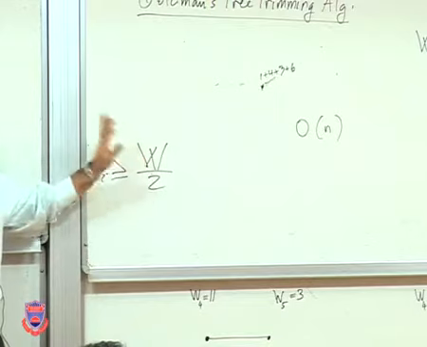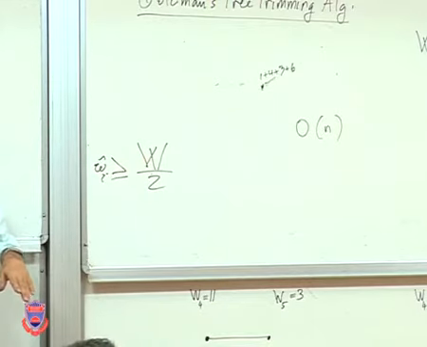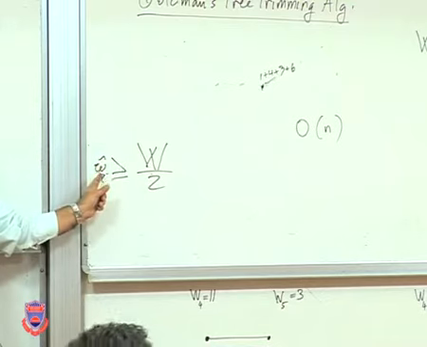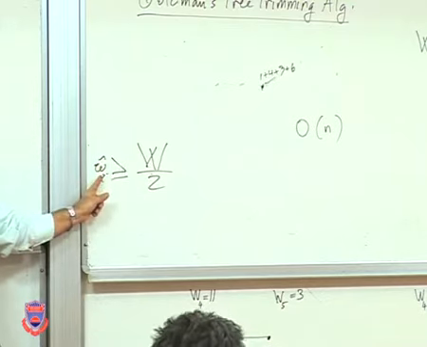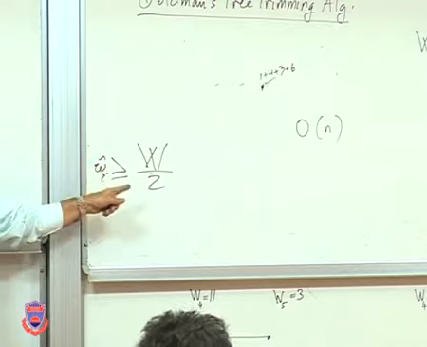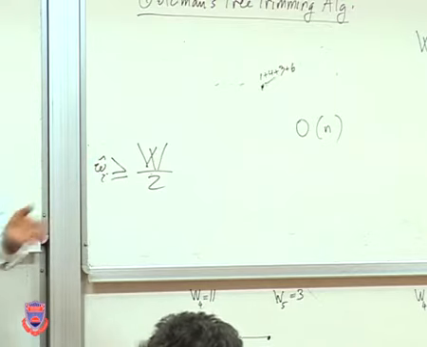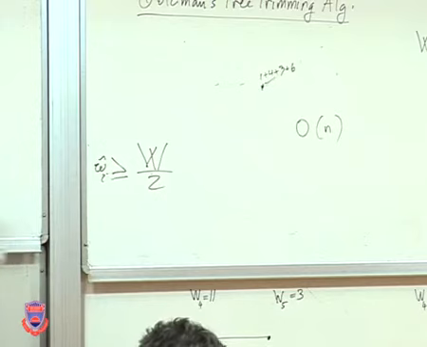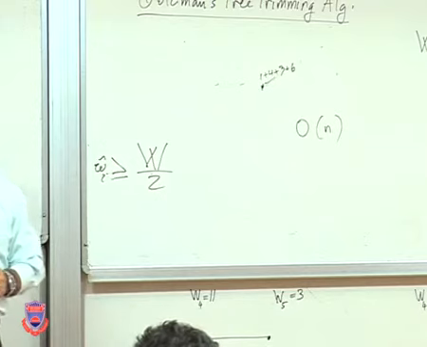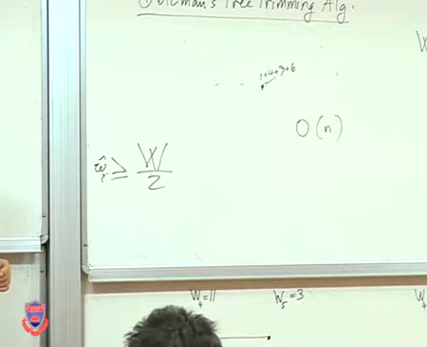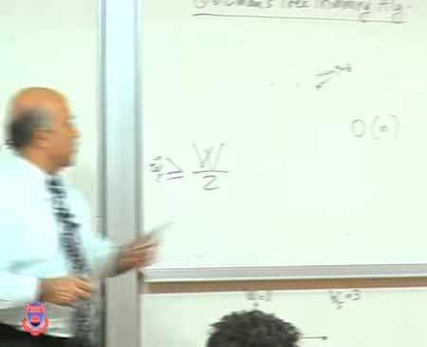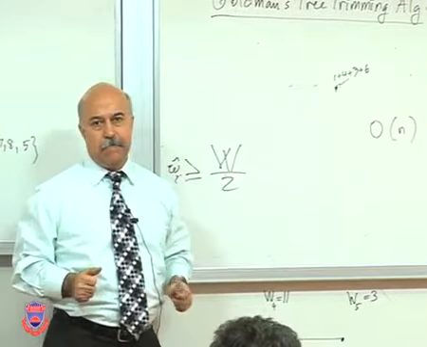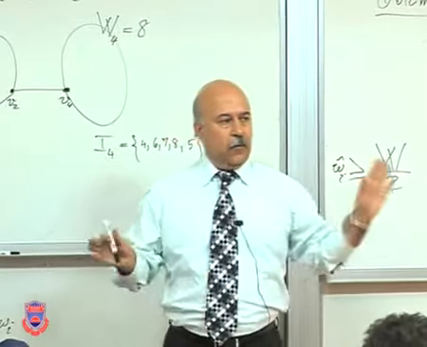No, capital W is constant. That's the sum of all weights. So in our case, W over 2 is 7. Whenever the vertex weight is greater than or equal to half the total weight, you don't discard that. You just stay there, and finally other things get discarded and you stop there. Actually, as soon as it exceeds half the total weight, you can also stop there. Okay, we stop here.